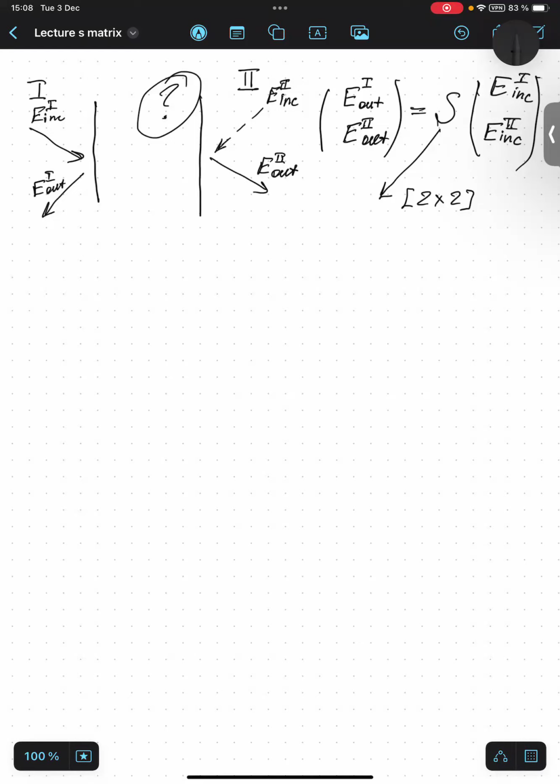First of all, as always, let's calculate the Poynting vector in the first region here and in the second region. So S, Poynting vector. Sorry.